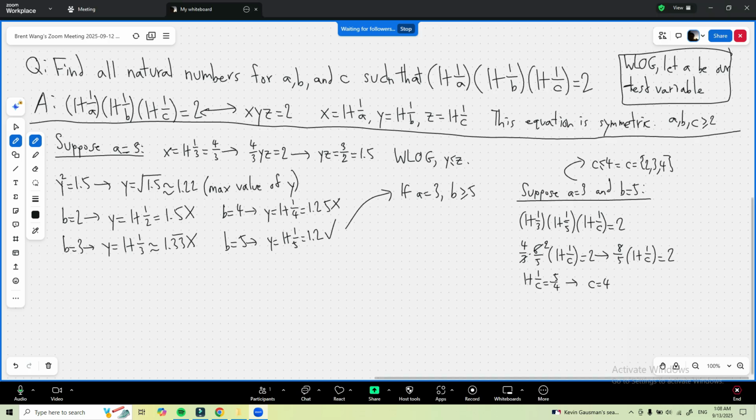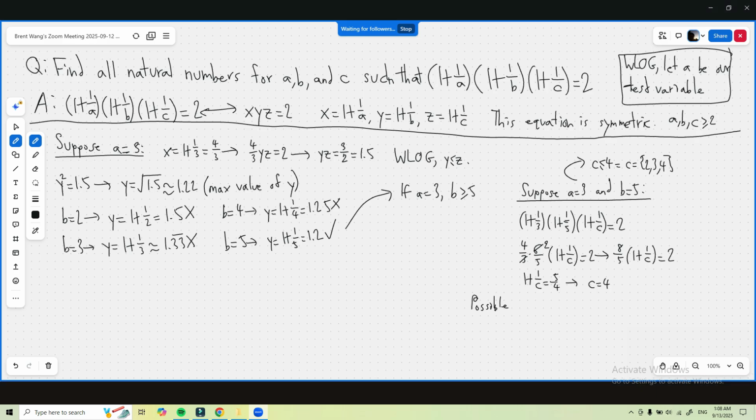And a possible solution set is 3, 4, and 5 in any order. So, listing them all out again: A equals 3, B equals 4, C equals 5; A equals 3, B equals 5, C equals 4.